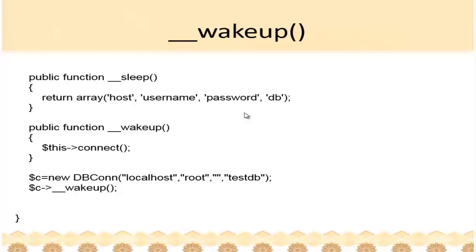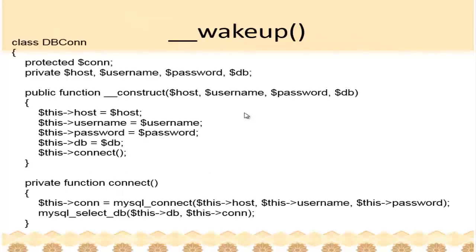Now, when you sleep or stream it, you want the host name, the username, the password, and to know which is the database. But when you serialize it, this connection is automatically closed. So when your object is serialized, this connection with the database is lost. The database will disconnect that object because it is no longer available.